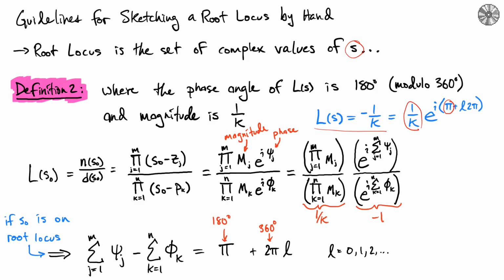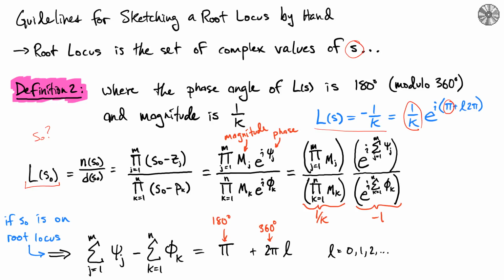So let's call that a test point: is s0 on the root locus? For it to be on the root locus, L evaluated at s0 needs to have magnitude 1 over k and phase of 180 modulo 360.